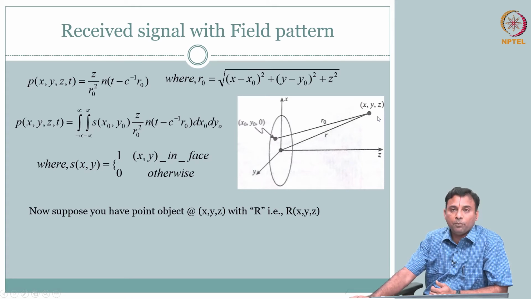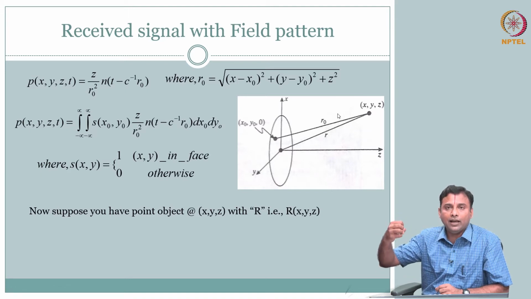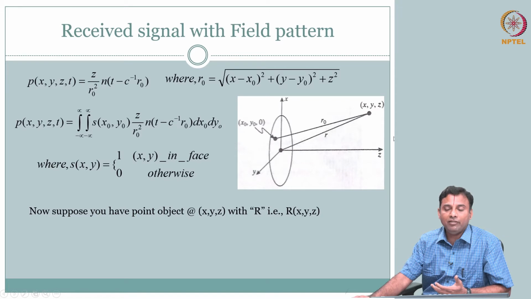If I pretend this is a point object, that means we already talked about it in scattering. If it is a point object, if this is going to be hit with a wave, what is going to happen? Oh, it is going to radiate back or scatter back a spherical wave. So, this is going to be a point, and therefore, you are going to get a spherical wave. What is going to be the spherical wave that is coming out?